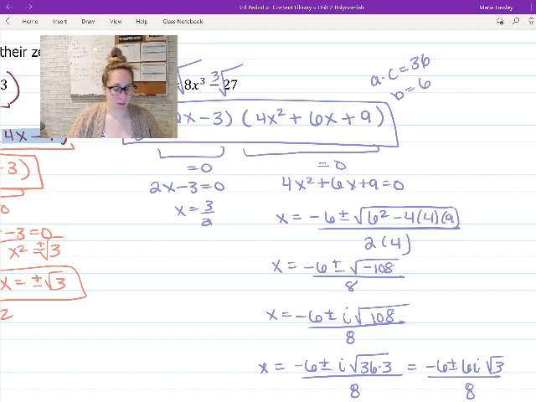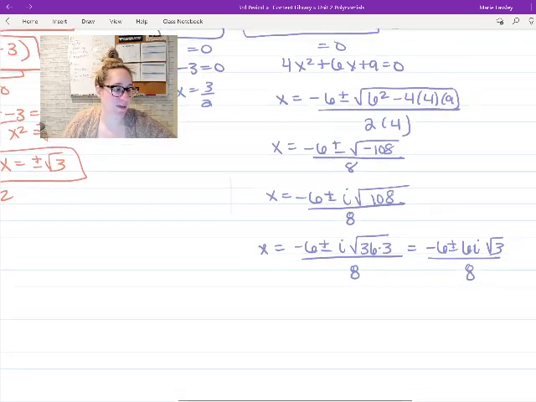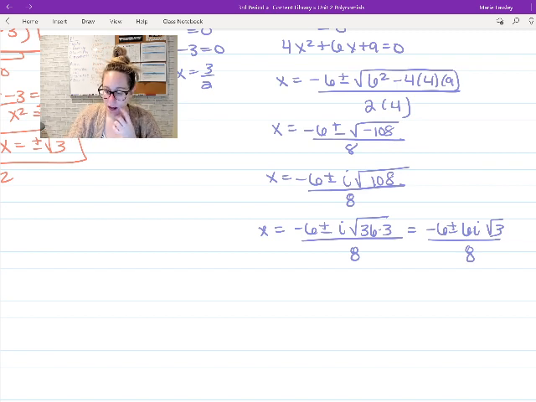Okay, now we can do one more thing to simplify this problem a little bit further. Because every single piece is divisible by 2, I can divide a 2 out of everything. This only works because all the pieces are divisible by 2.